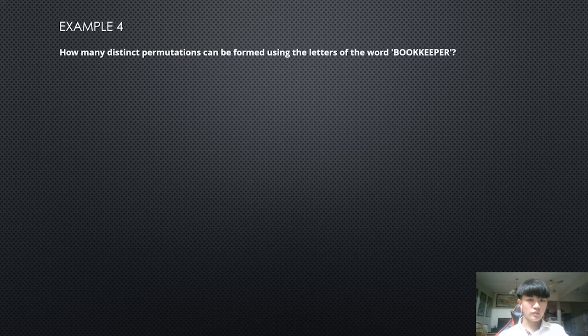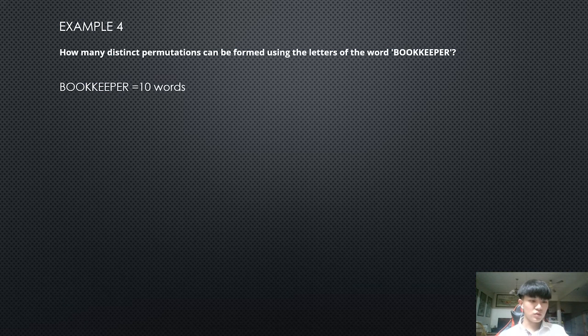For example 4, the question is how many distinct permutations can be formed using the letters of the word bookkeeper. First we need to count the number of letters in the word bookkeeper. There are a total of 10 letters.